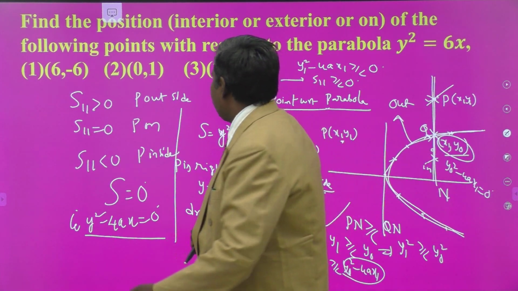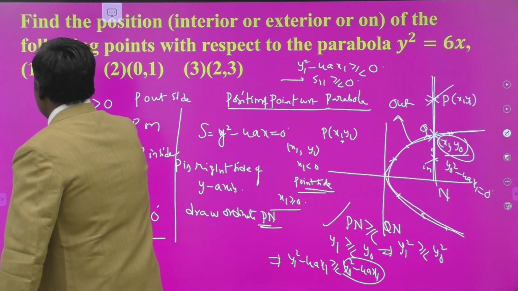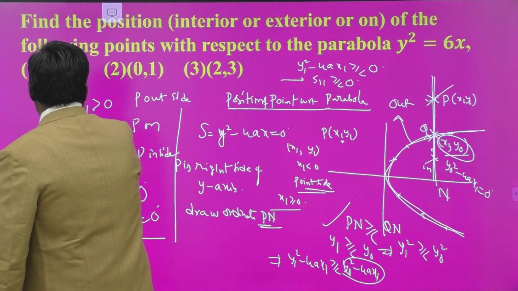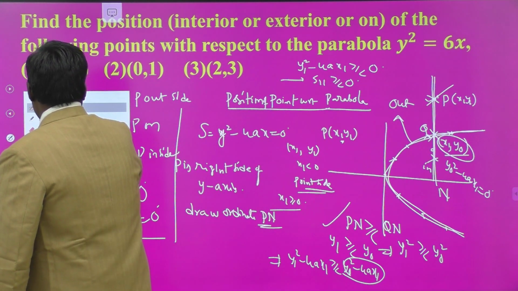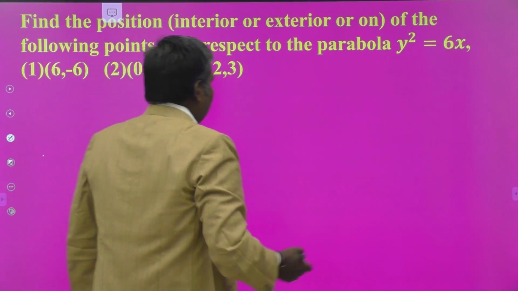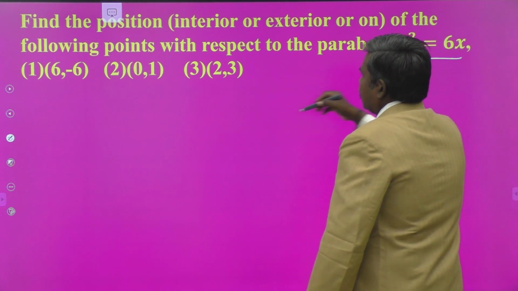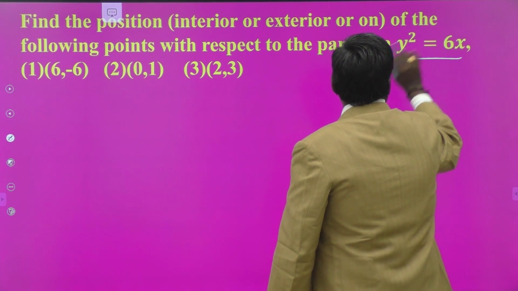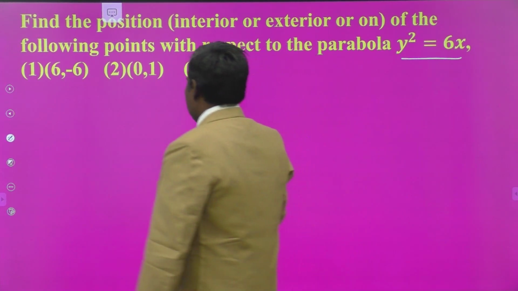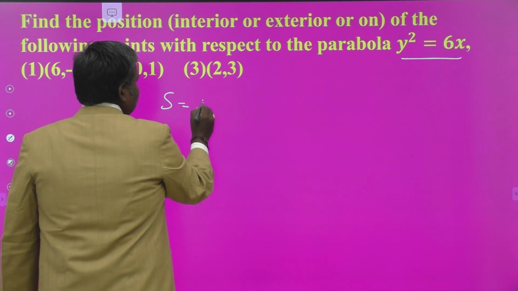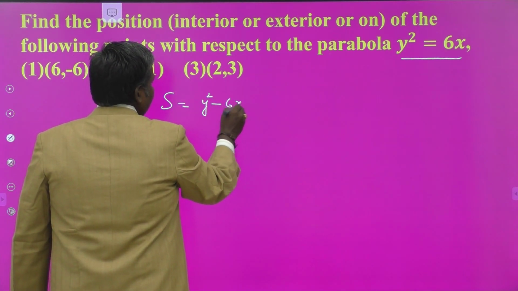Now with the help of this output, we solve this problem. We have to find the position of the points with respect to this parabola. What is our S now? Your S is y square minus 6x, my dears.